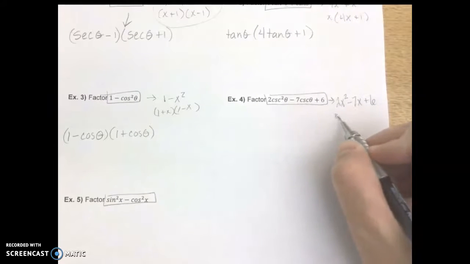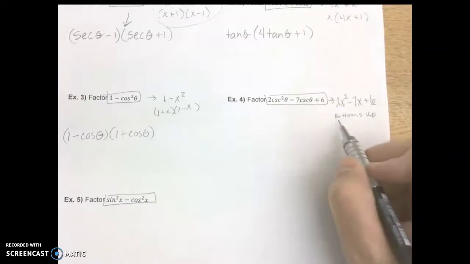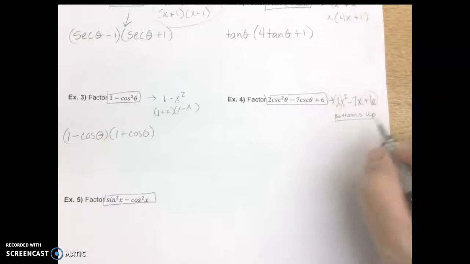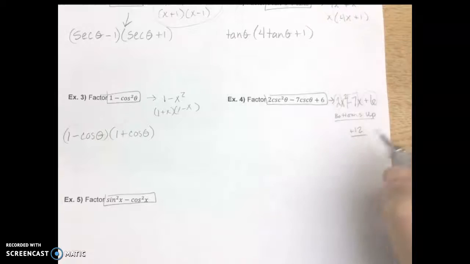I use what's called bottoms up. Okay, and that basically says I multiply the first term times the last term, and I get a positive 12. That's my product. And then I find the factors that add to give me negative 7. So that's going to be a negative 3 and a negative 4.